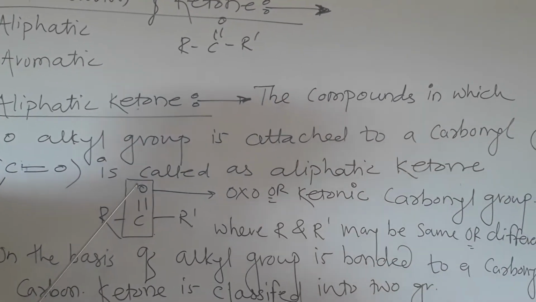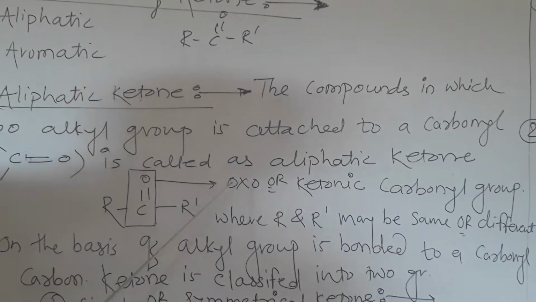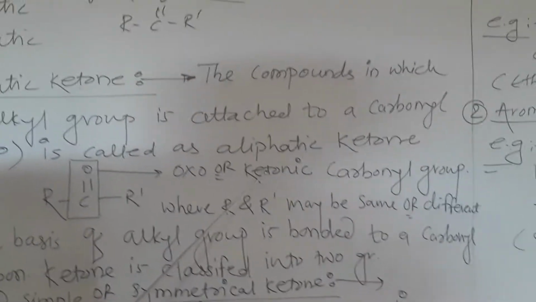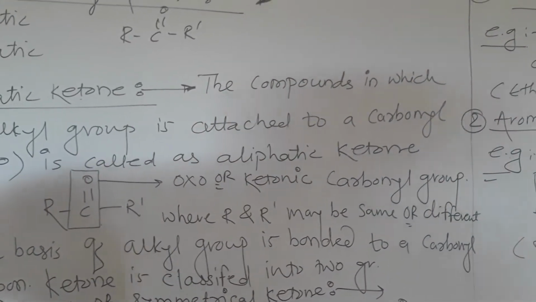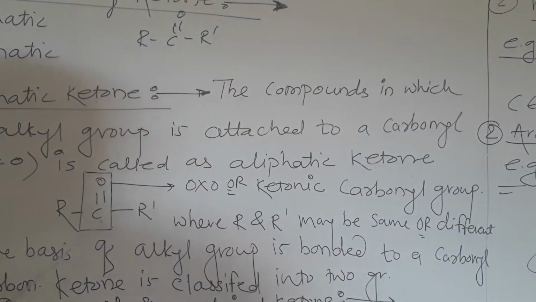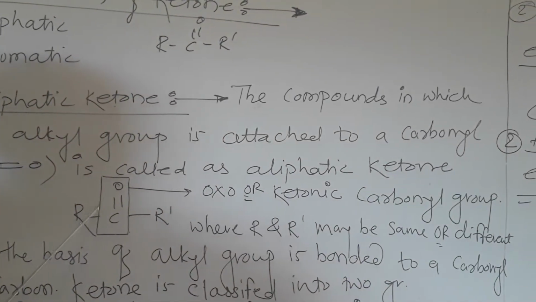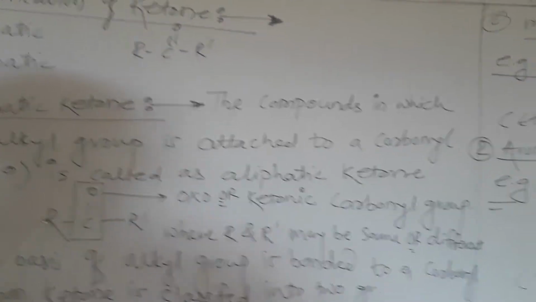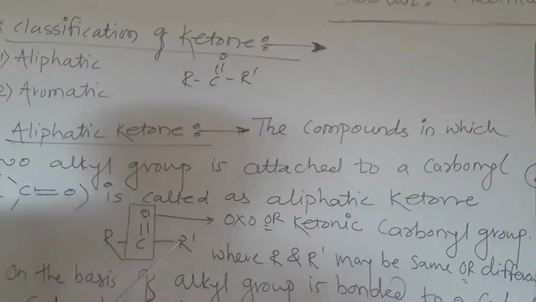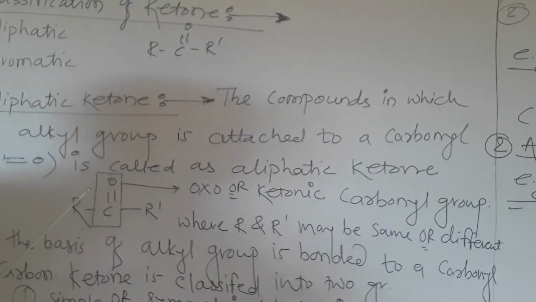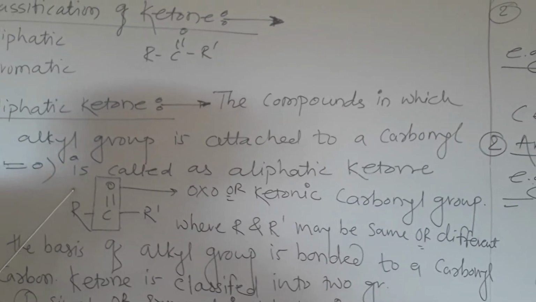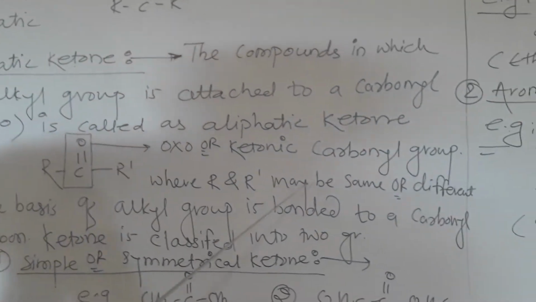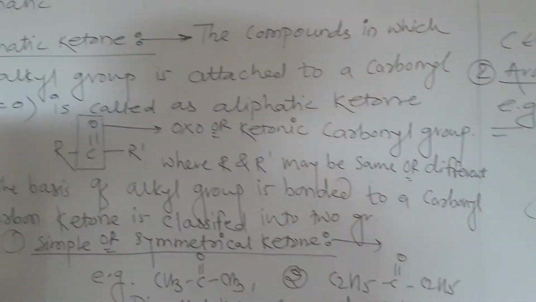This carbonyl oxygen is also called oxo, or the ketonic carbonyl group. The valences of this carbonyl carbon are satisfied by the two alkyl groups in the aliphatic ketone. These alkyl groups, that is R and R dash, may be the same or different.